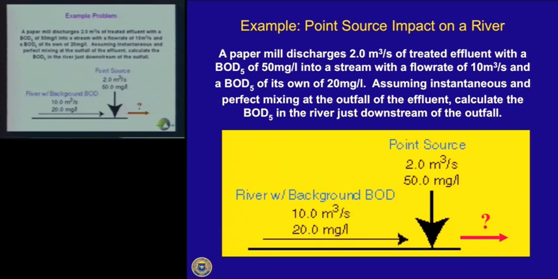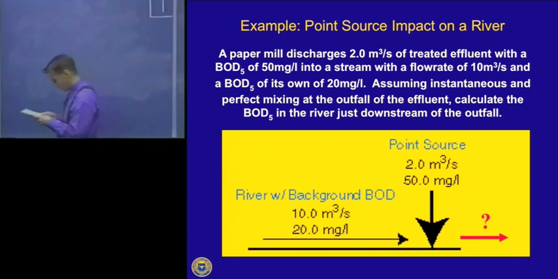Okay. Well, we can go back to our trusty equation. The rate of mass accumulation in the system is going to be the rate of mass inputs minus the rate of mass output, and we can calculate this. No problem. So let's do it. Okay.